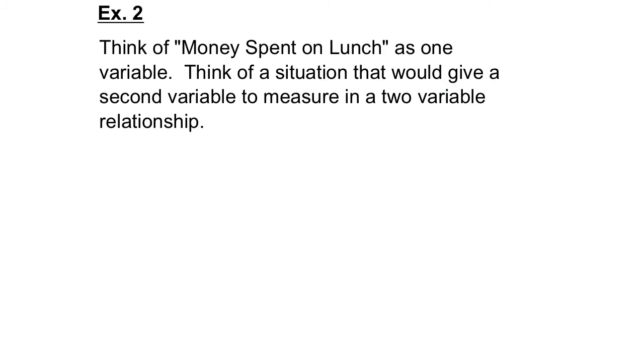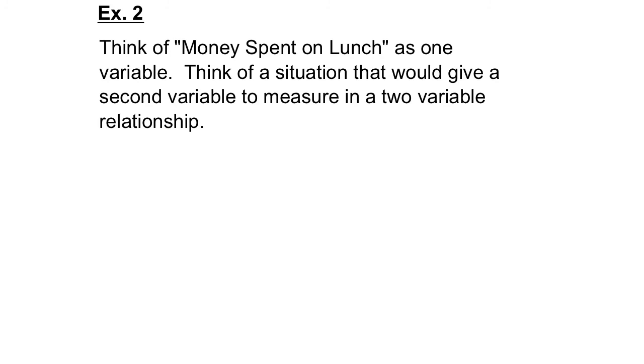Okay, my second example deals with the same subject as example 1. So in example 1, we had the money spent on lunch and the number of days where each of those amounts were spent. So think of money spent on lunch as one variable, like we did in example 1. Think of a situation that would give a second variable to measure in a two-variable relationship.